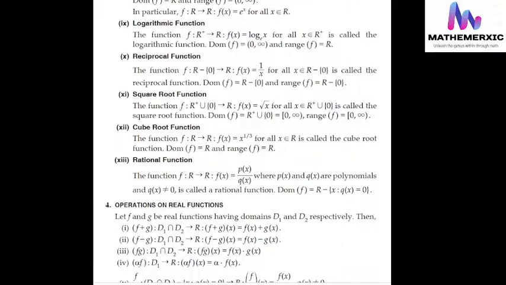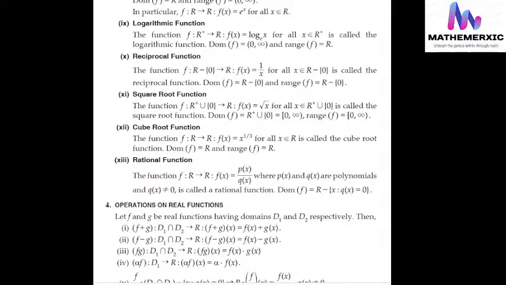Square root function: the function f is such that R plus union {0}, that is the positive values of R union {0}, tends to R such that f(x) is equal to root x for all x belonging to R plus union {0}, and it is called a square root function.